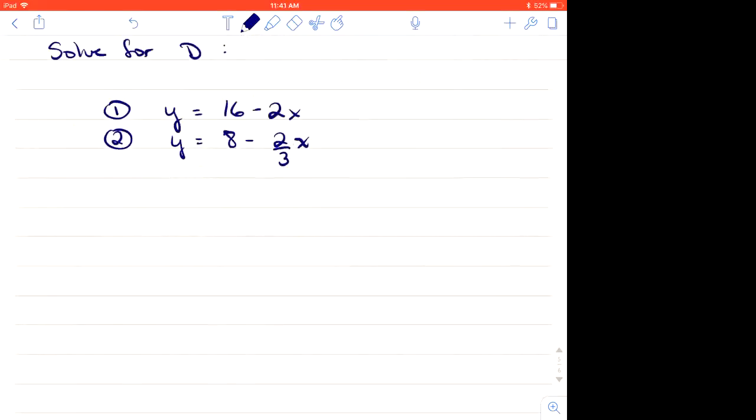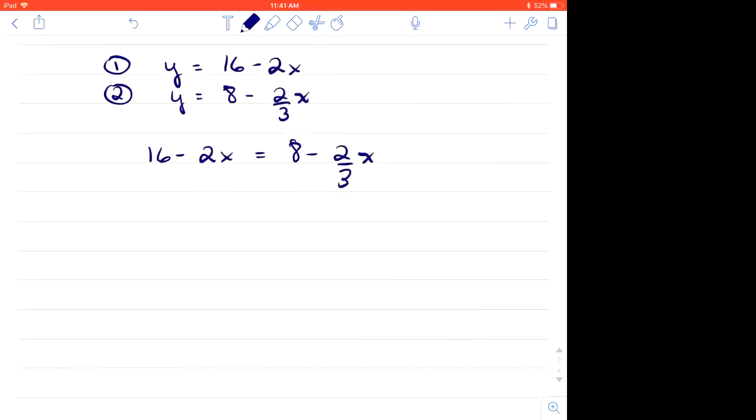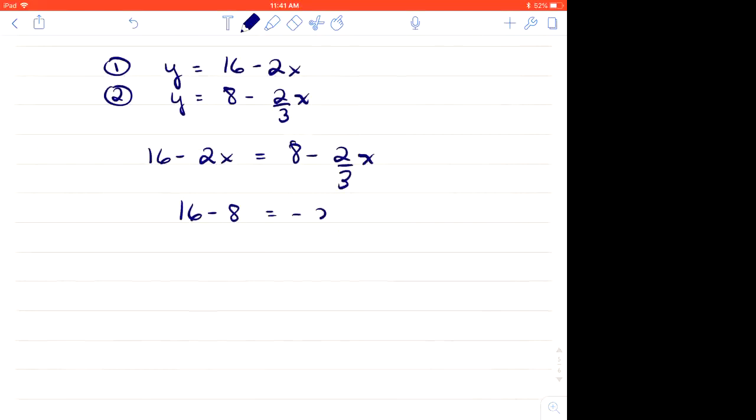So we can set them equal to each other and say that 16 minus 2x must be equal to 8 minus 2 over 3x at the point of intersection. Collecting like terms, we can get the 16 minus 8 on the left-hand side and negative 2 over 3x plus 2x on the right-hand side.